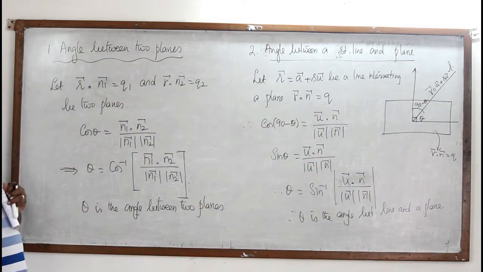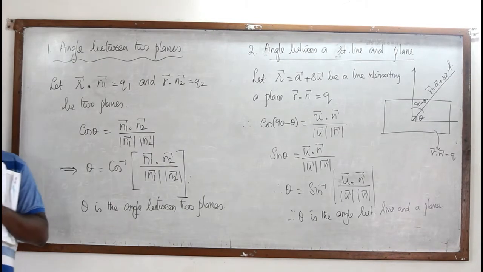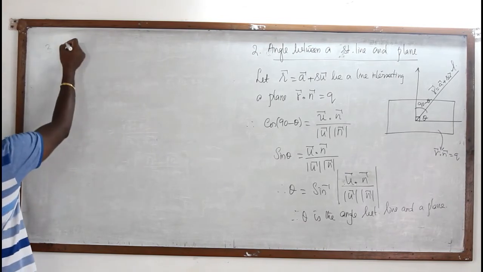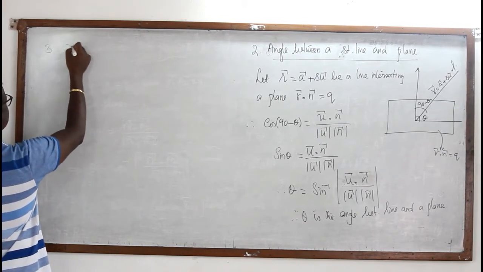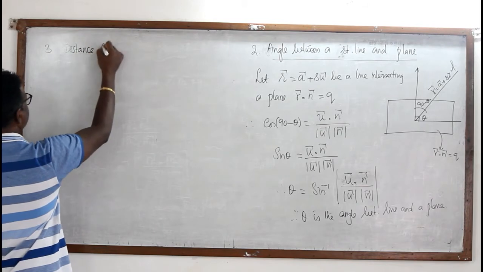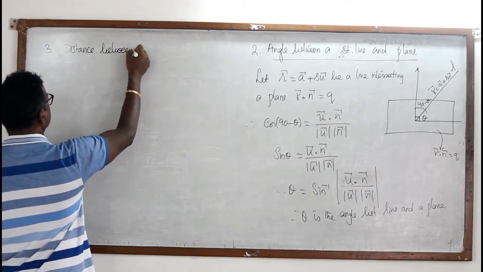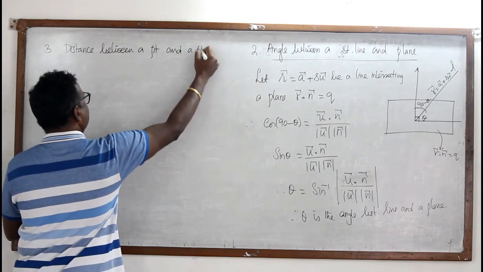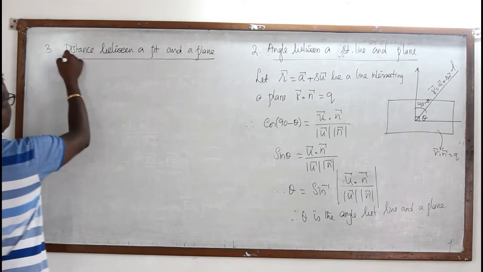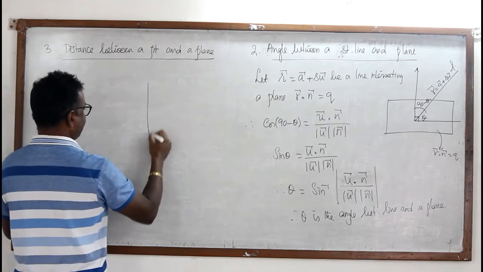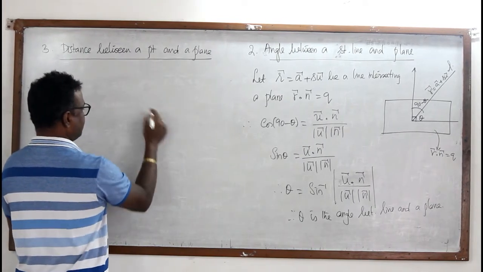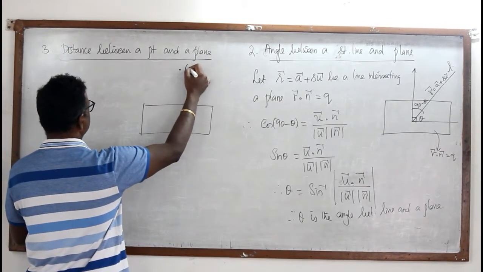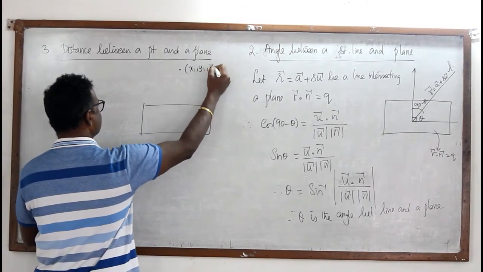Now we shall go for the next one. What is the distance between a point and a plane? Suppose I have a plane, and there is a point x1, y1, z1.